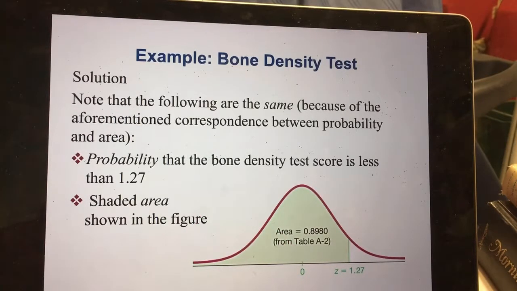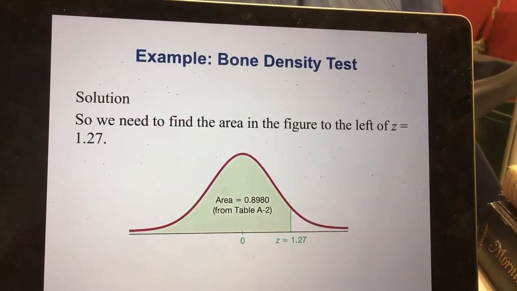Note that the following are the same because of the correspondence between probability and area. The probability is 89.8%, and the area shown in the figure is 0.8980. Area and probability are going to be equal. Remember, probability stops at 1. Area under the curve stops at 1.